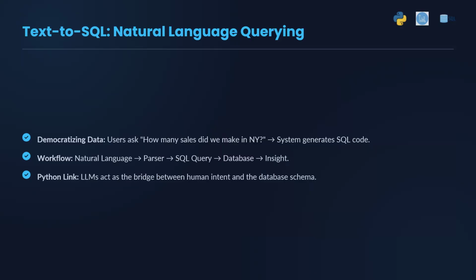Most of the people were leveraging this text to SQL, and some people used it to generate SQL from text. When I say how many sales did we make in New York, it will generate the select statement, run that on the table and give the results.